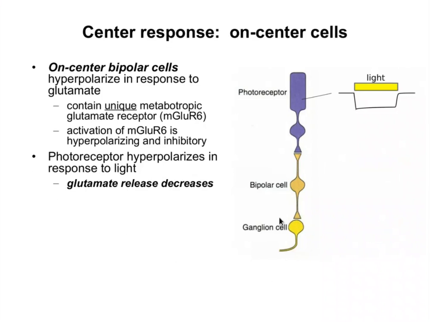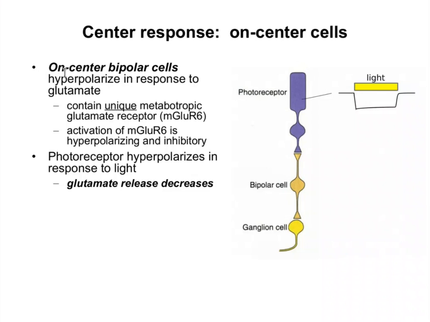All right, now let's take a look at how on-center bipolar cells respond to light stimulation of photoreceptors that are presynaptic to the bipolar cell. So on-center bipolar cells are normally inhibited by glutamate.